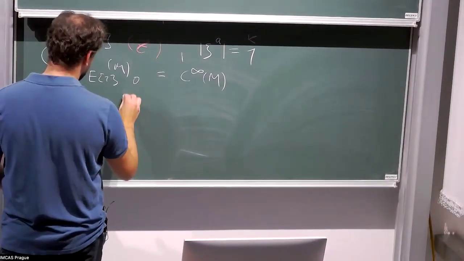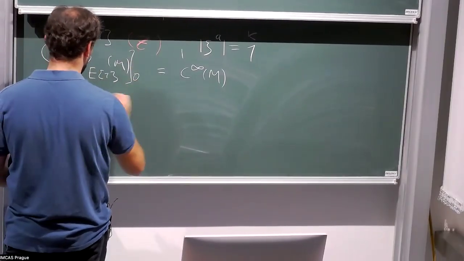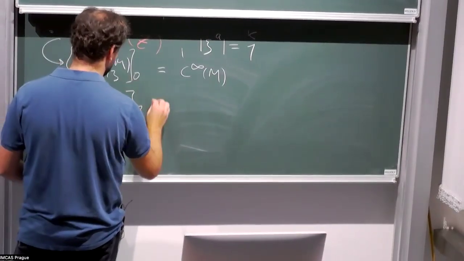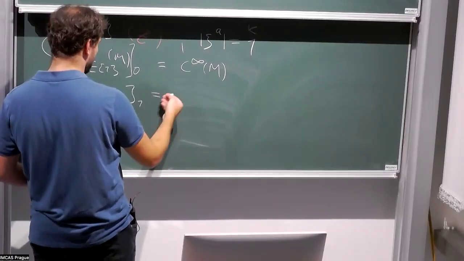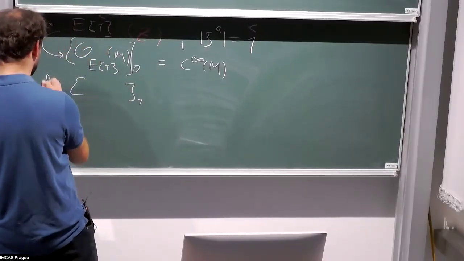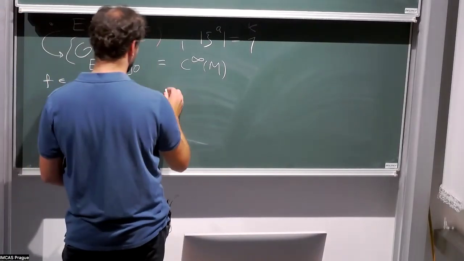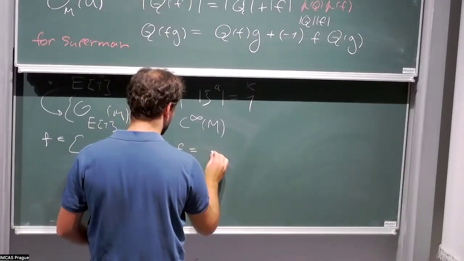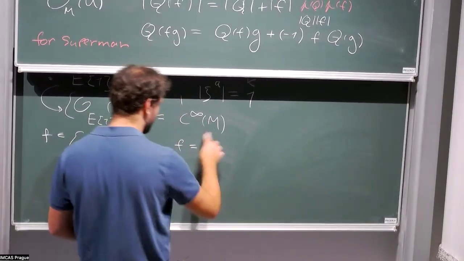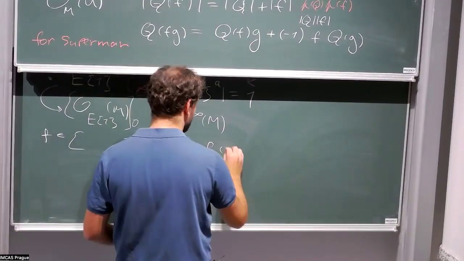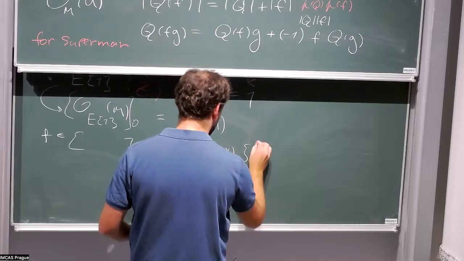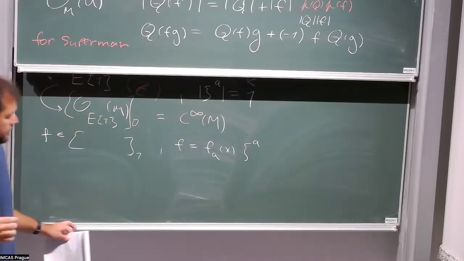Right? What are the degree 1 functions? Okay, let's write it explicitly. So f is a degree 1 function. That means f is a C infinity M linear combination locally of these things.